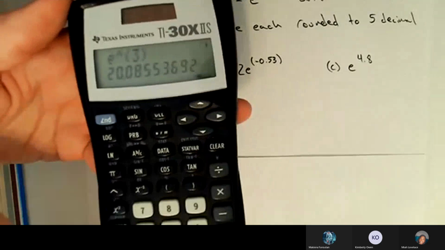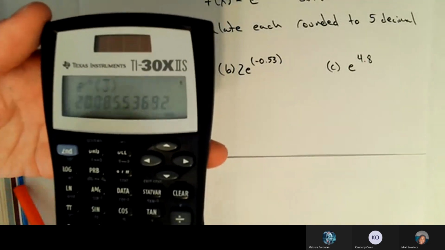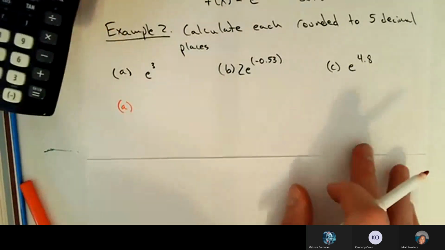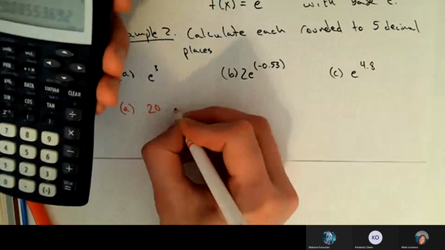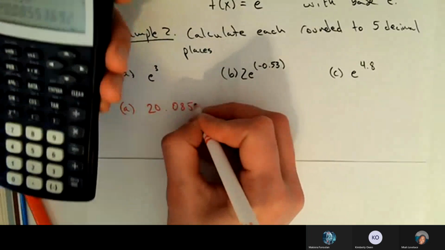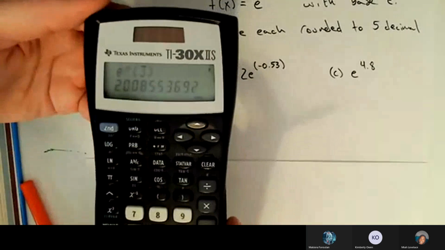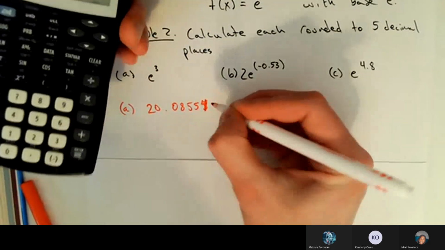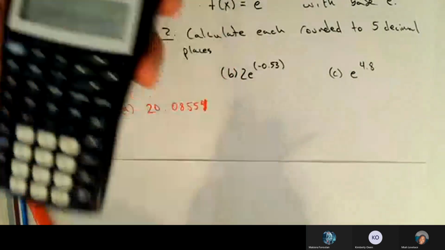I'm getting 20.08553. Does it say 5 decimal places or 5 significant figures? 5 decimal places, so 20.08554. Oh, no, I rounded wrong. Because the number after the 3 is a 6, right? So I round the 3 up to a 4.